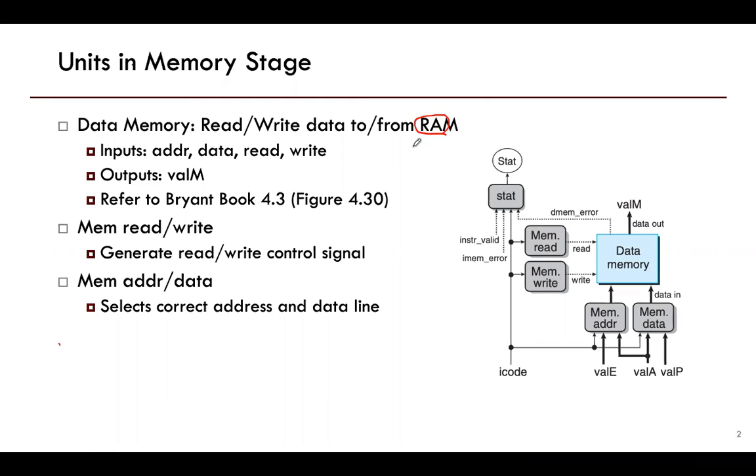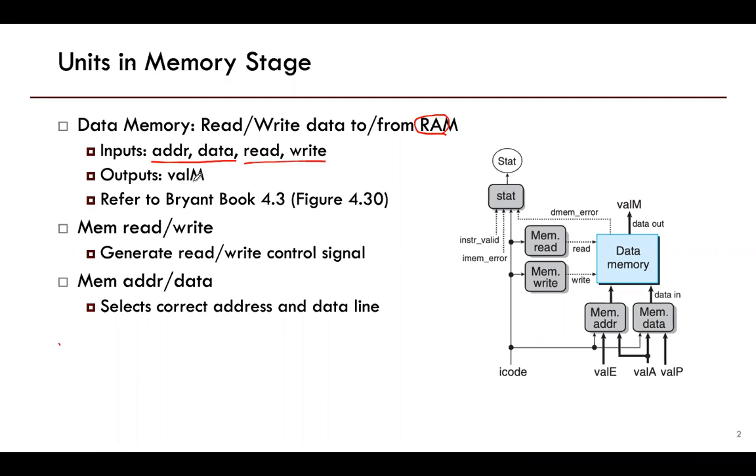It takes two data inputs and two control signals. The data inputs are the address line and the data line. For control signals, it takes a read and a write signal.